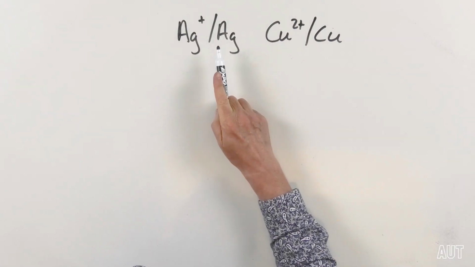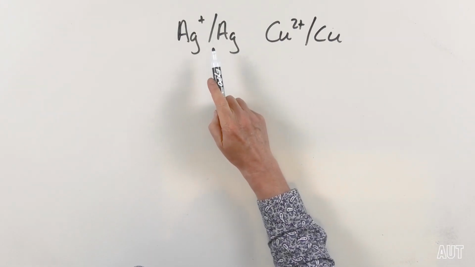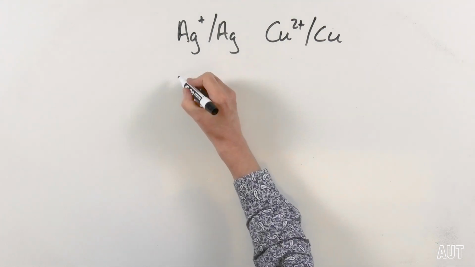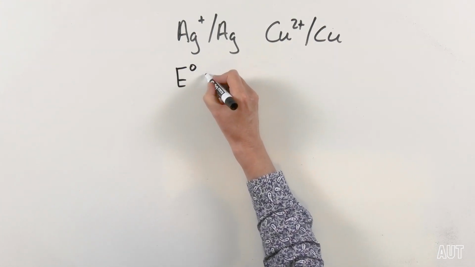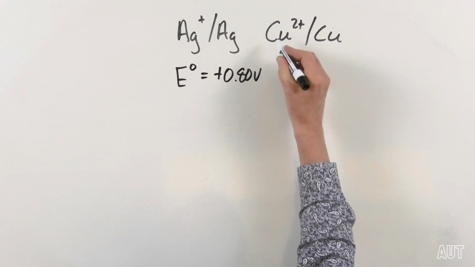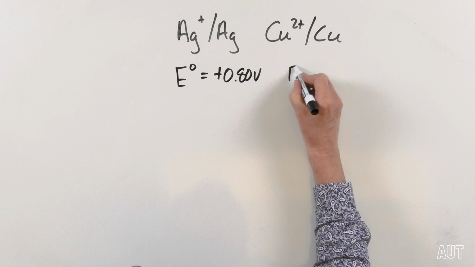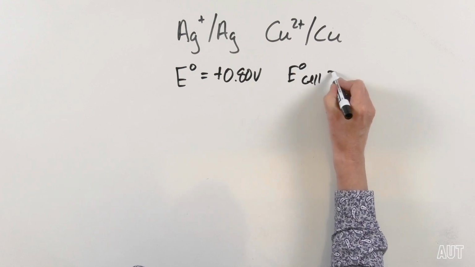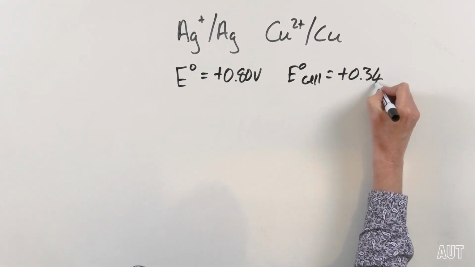So the one thing that we do need to know in order to get the answer here is the E-naught values for those half cells, okay? So the E-naught for this half cell is equal to plus 0.8 volts, and we've already seen the E-naught value for this cell is plus 0.34 volts. Okay, so given those pieces of data, what is going to be the spontaneous process that occurs?